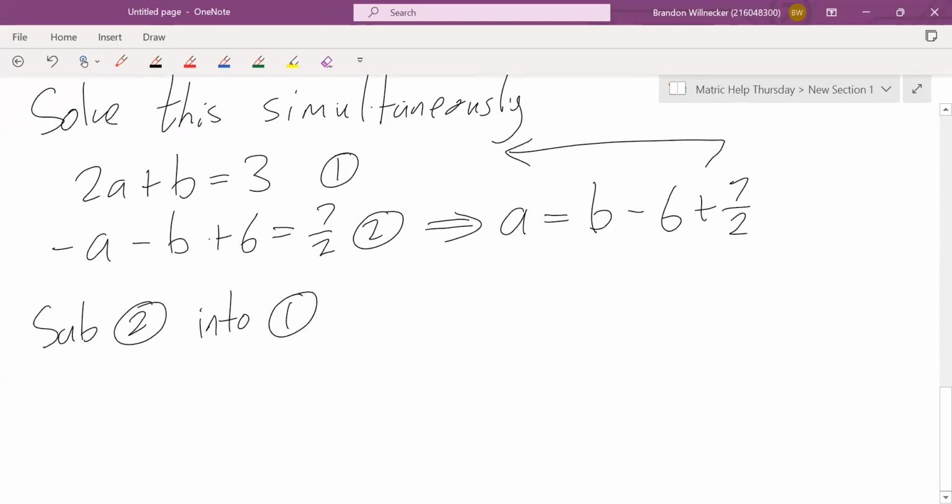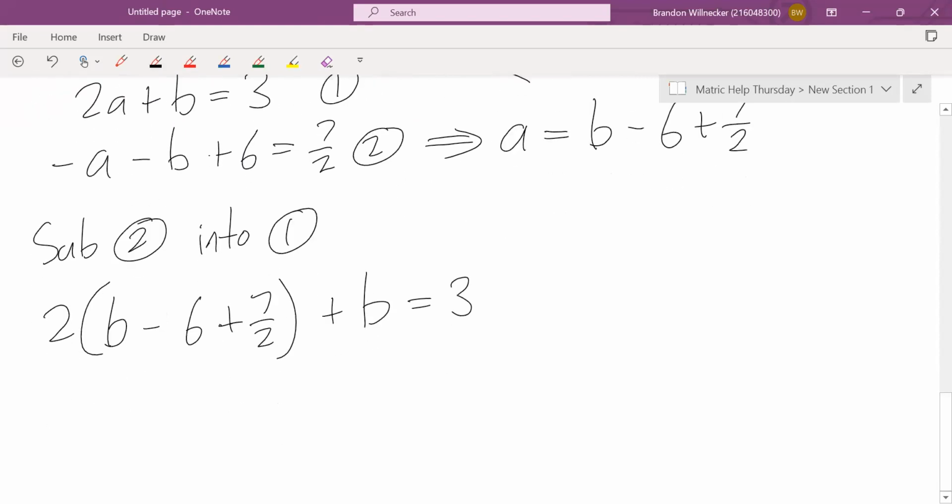Okay, so we've got our value for a. We can use that in equation 1. So this is going to be 2 times b minus 6 plus 7/2, that's our value of a, plus b is equal to 3. So this gives us 2b minus 12 plus 7 plus b is equal to 3.